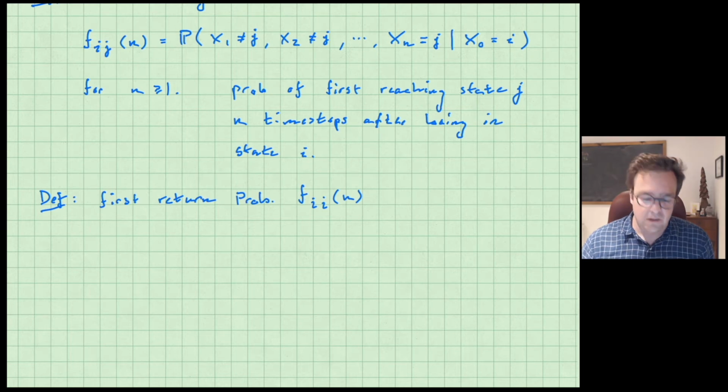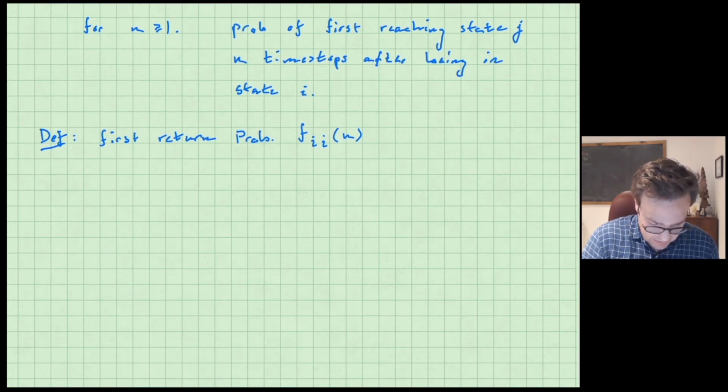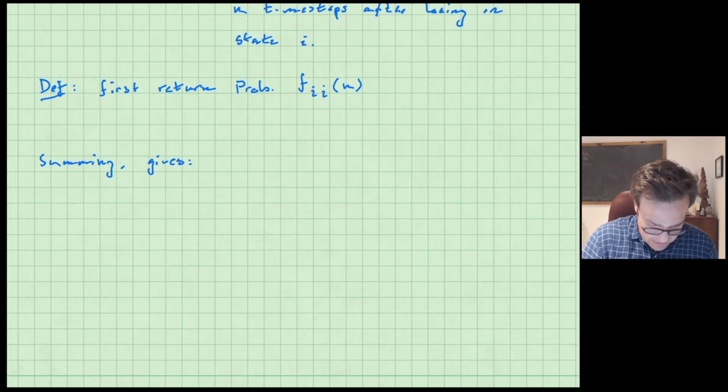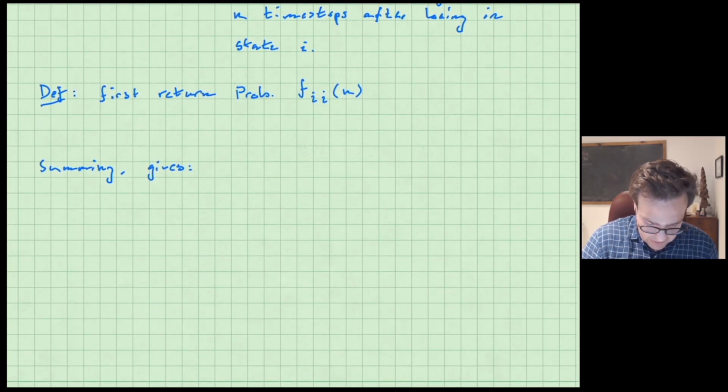Okay, and now we're going to introduce a related quantity. I don't have a name for it, we're just going to give what it is. We'll say F_ij, with no time index.